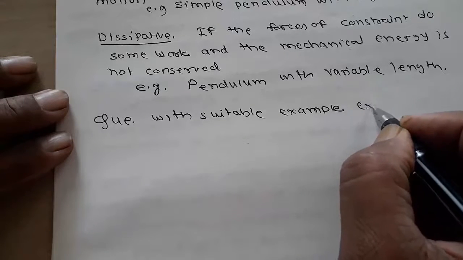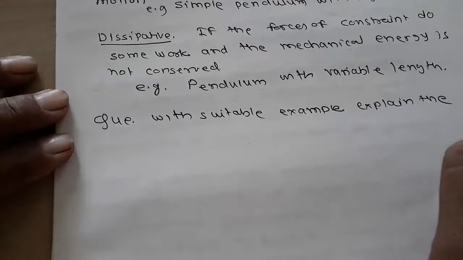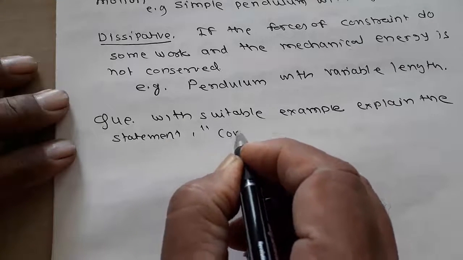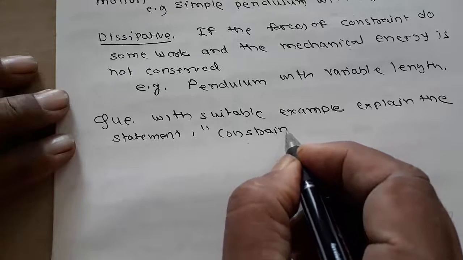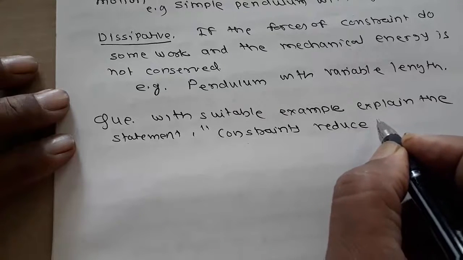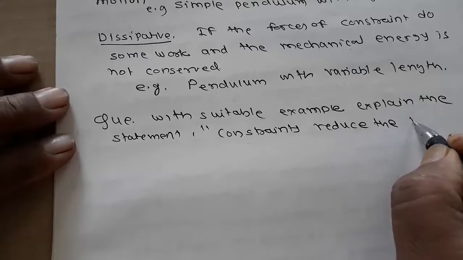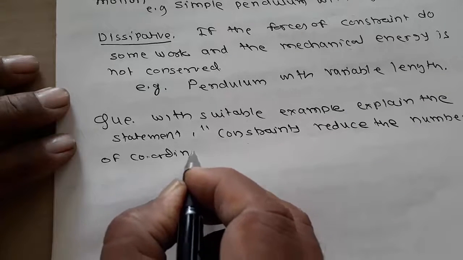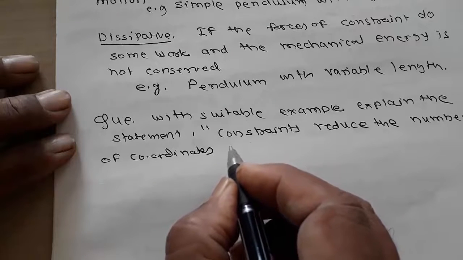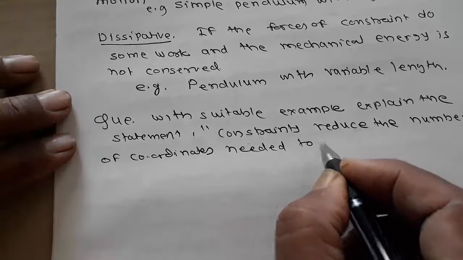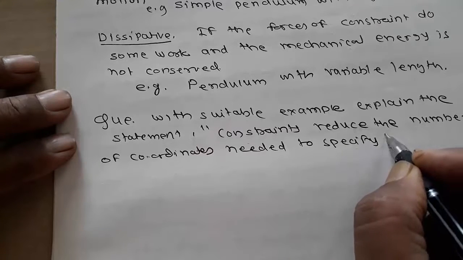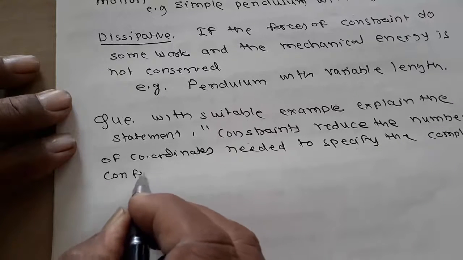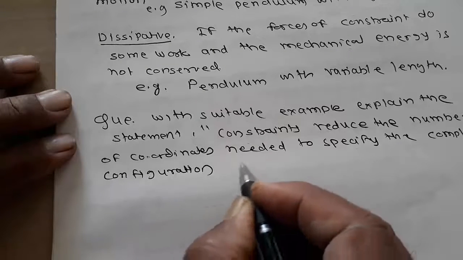Explain the statement: constraints reduce the number of coordinates needed to specify the complete configuration of the system.